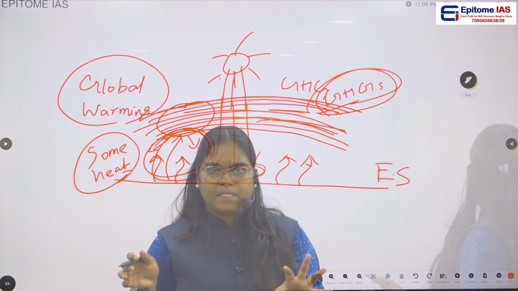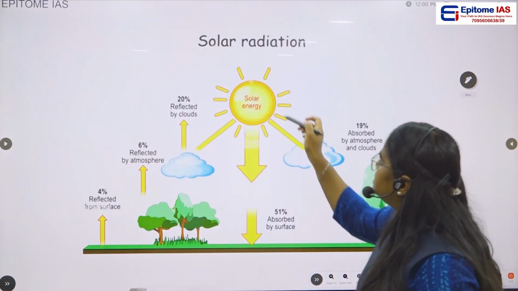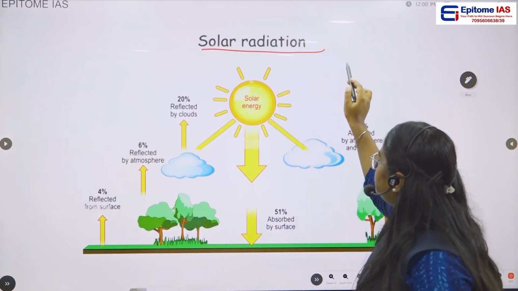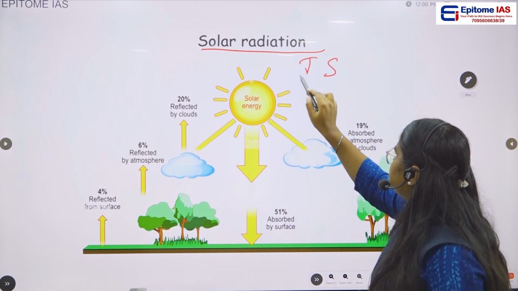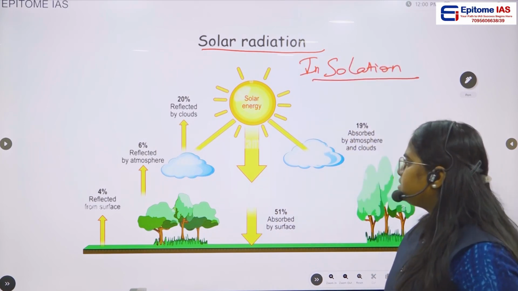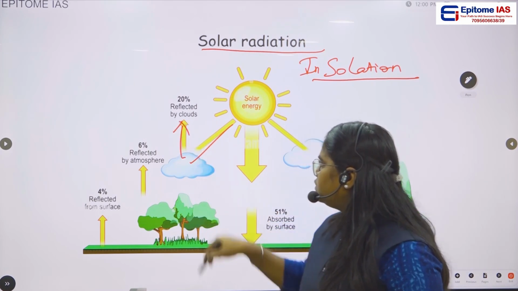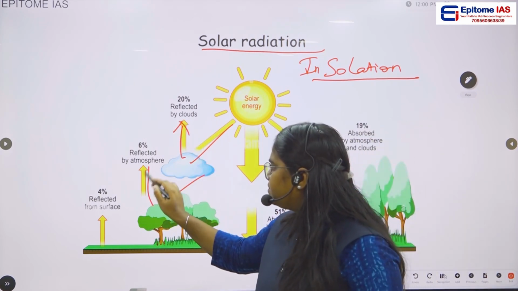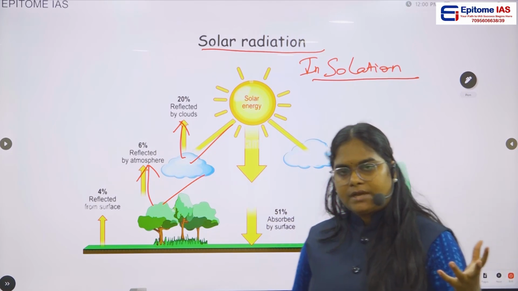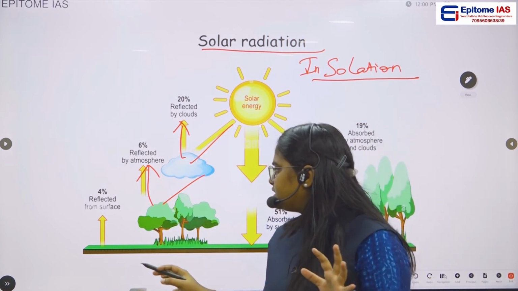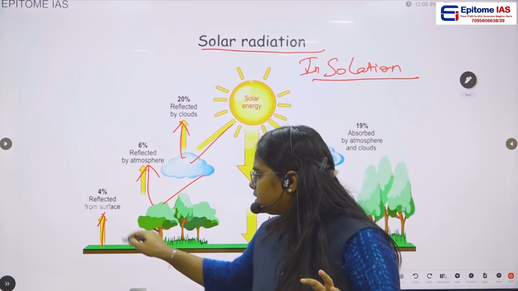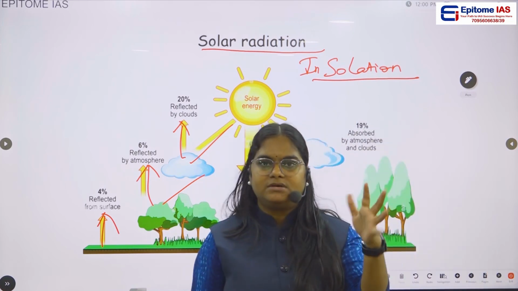Okay, that's why. So if you see here, yes, this is the solar radiation. The incoming solar radiation is also called insolation. And some is reflected back by the clouds, some is reflected back by other atmospheric gases, and some is reflected back by the Earth's surface itself.